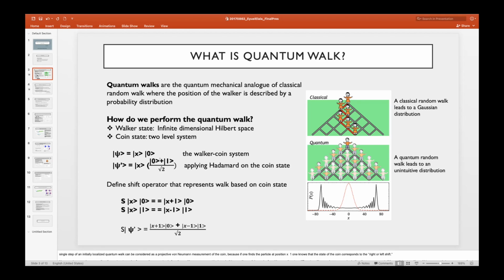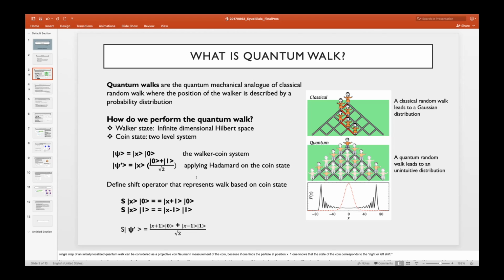Then we define a shift operator that shifts the position to the right if the state of the coin is zero, and to the left if the state of the coin is one, and we can get this description of the state in the case of the quantum. So this is just the idea behind quantum walk.